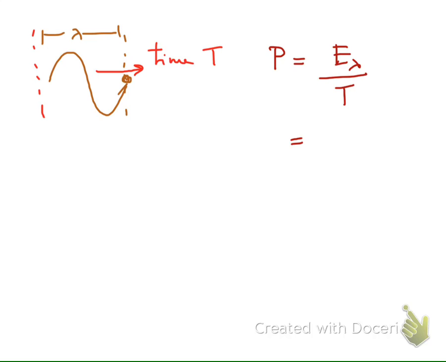This is equal to half of mu omega squared A squared lambda over T.